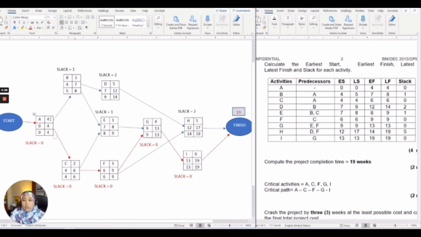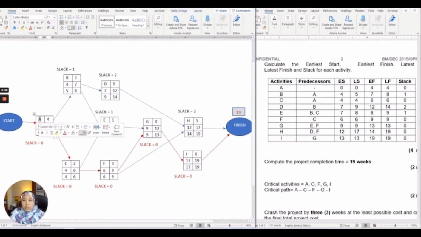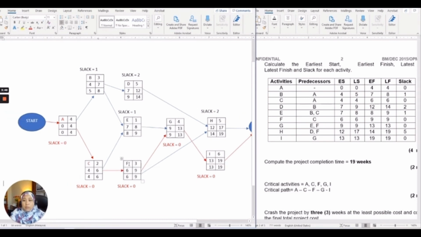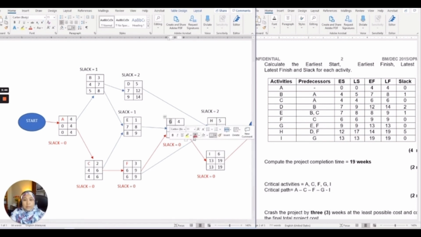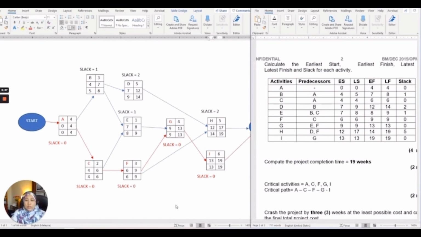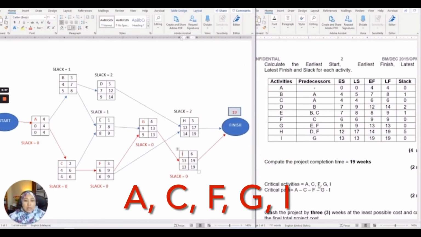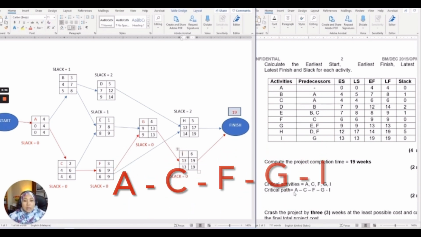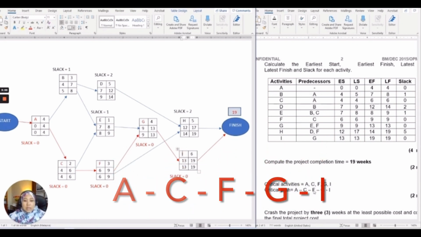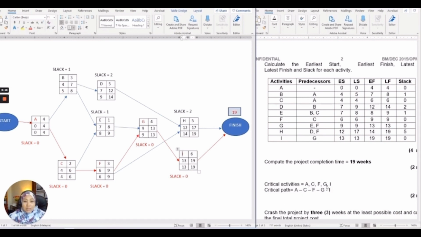So here, as you can see, the activities with zero slack are A, followed by C, then F, continued by G, and I. So the critical activities for this project are A, C, F, G, I, and the critical path is A, C, F, G, I. The difference is only the arrow and the list of activities.